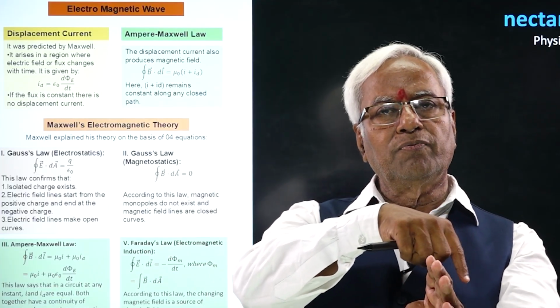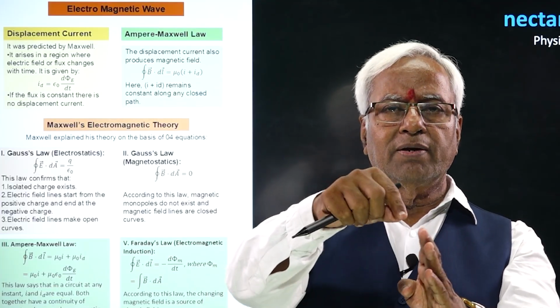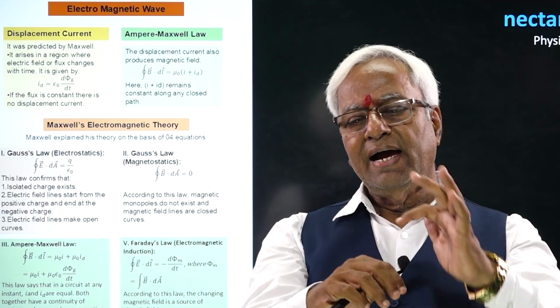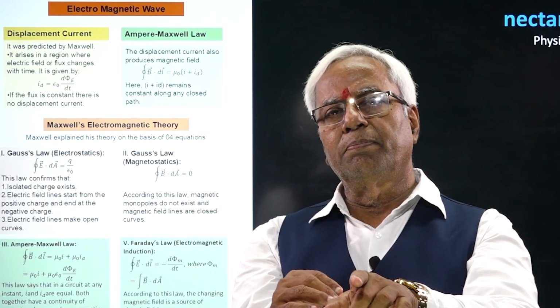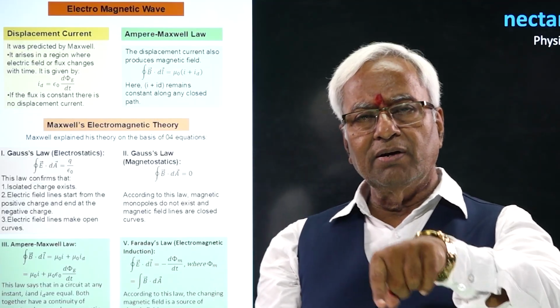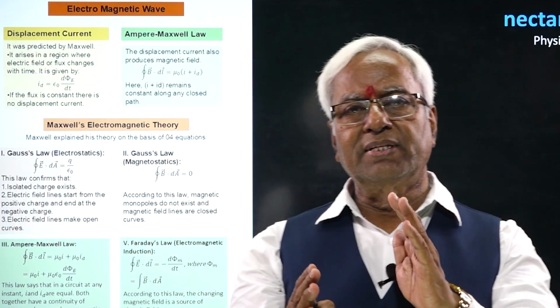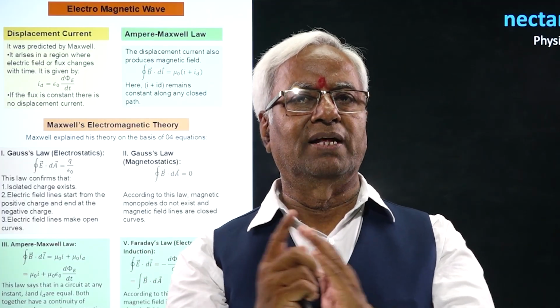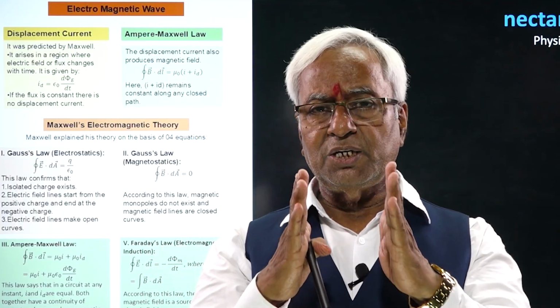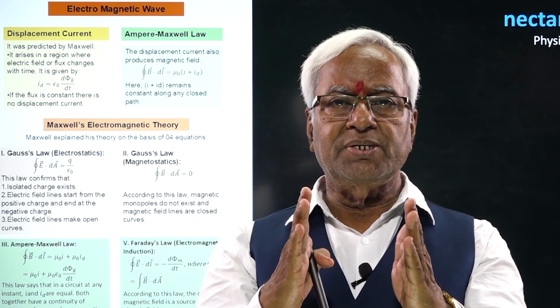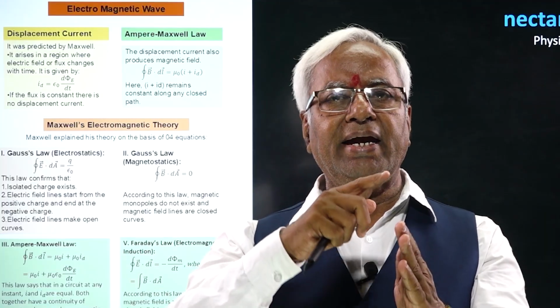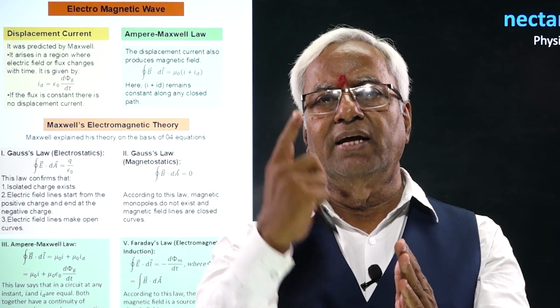Charge flows from one terminal of the cell to one plate, and charge will flow from the other plate to the other terminal of the cell. That means the charge is flowing through this cell, and despite the gap between the plates, the charge has maintained its flow through the cell.